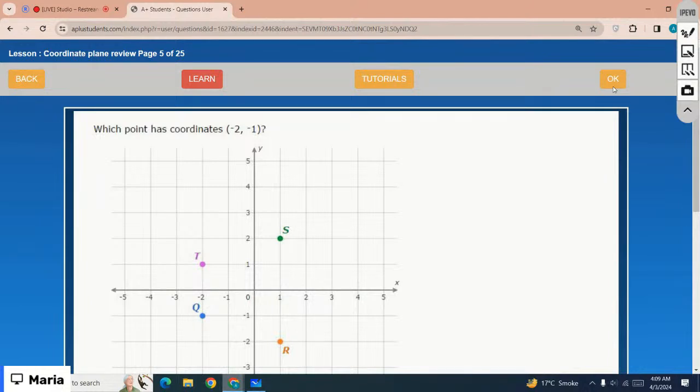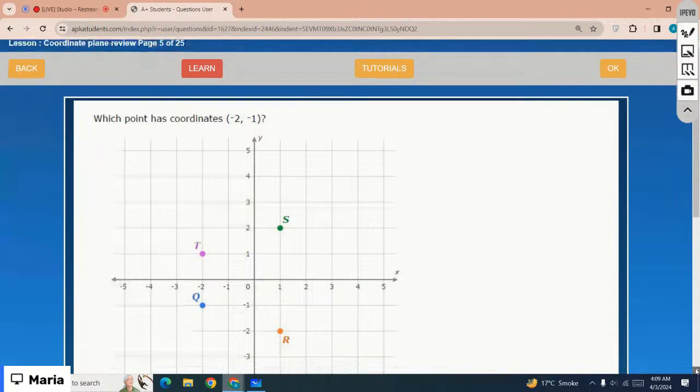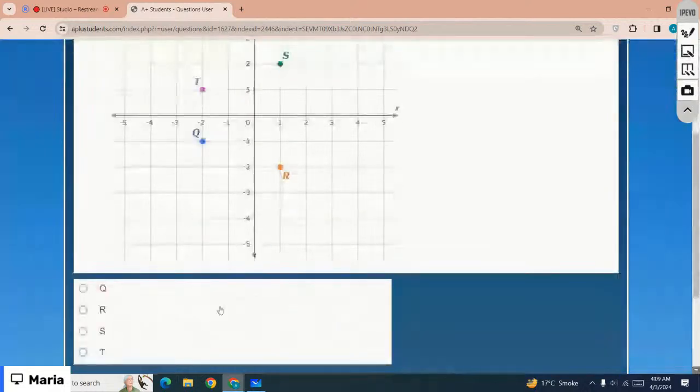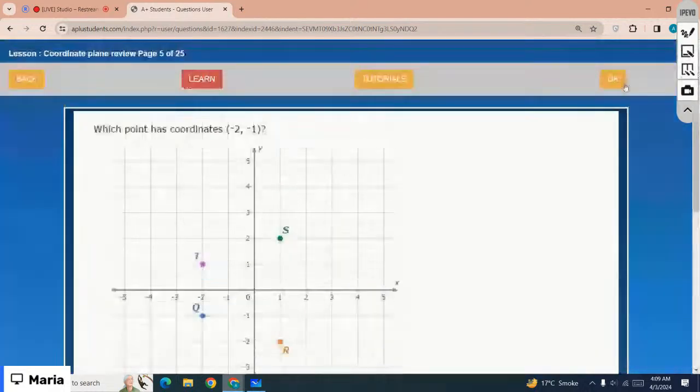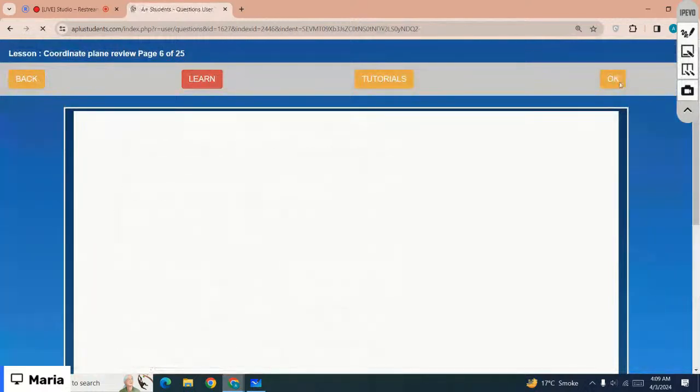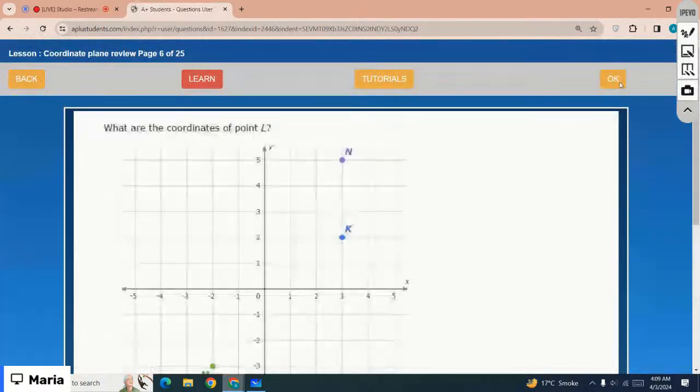Yes, Q is the point with the coordinates -2 and -1, right? Option number 1 is the correct option. The correct option is Q. Which are the coordinates of L? So which is the correct option?